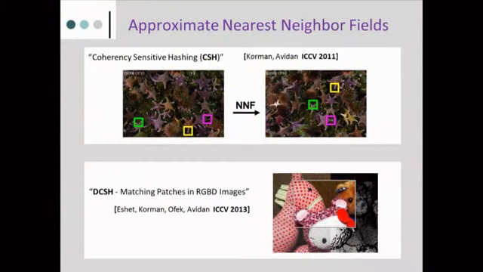The problem I first started looking into is of computing an approximate nearest neighbor field between a pair of images. That is, you need to find a dense mapping between the entire set of patches of one image and the entire set of patches of the other image.